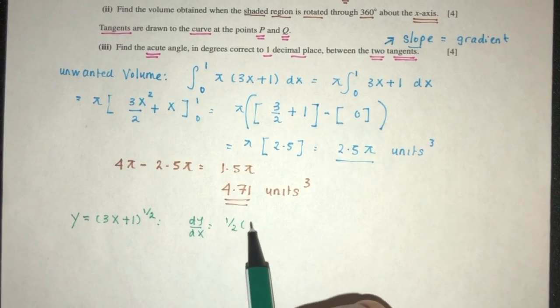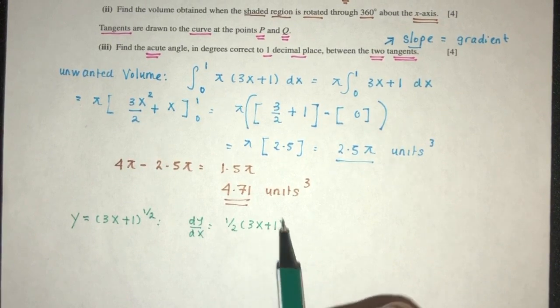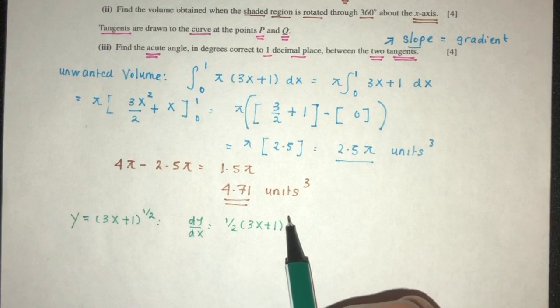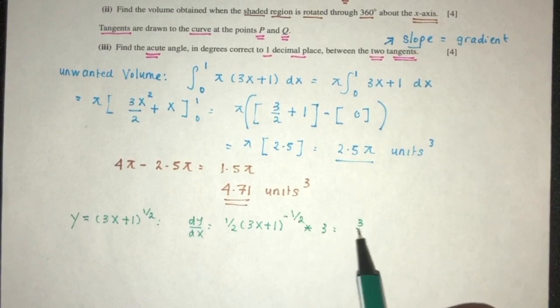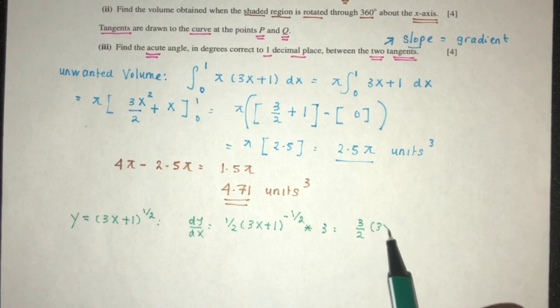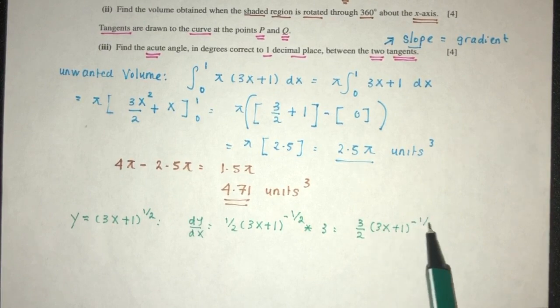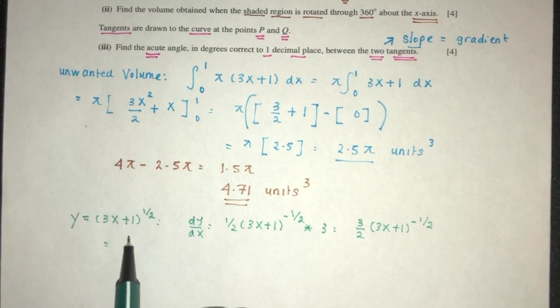Half times (3x plus 1) power minus half, multiplied by 3. That should be 3 over 2 times (3x plus 1) power minus half. That is dy by dx.